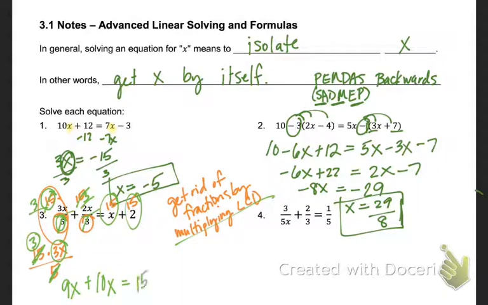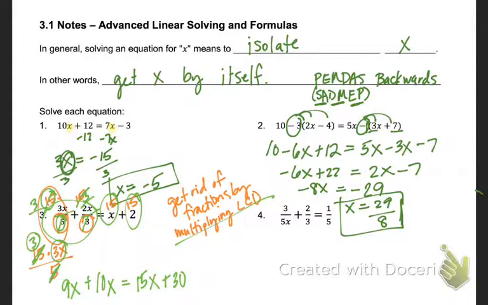So I have 15x plus 30. Now this makes this problem a whole lot easier than the long way of getting rid of the fractions, finding a least common denominator, combining these two, then cross multiplying. It's kind of a nightmare. This way is, in my opinion, much easier.